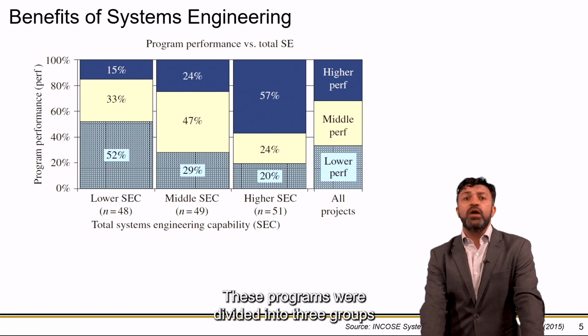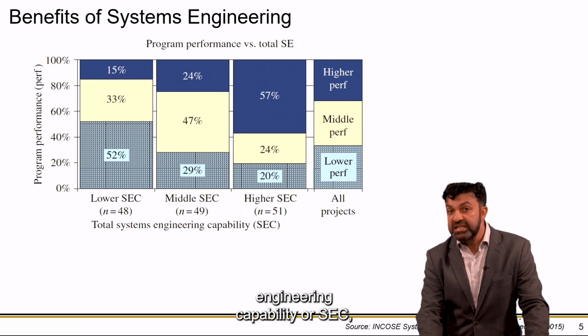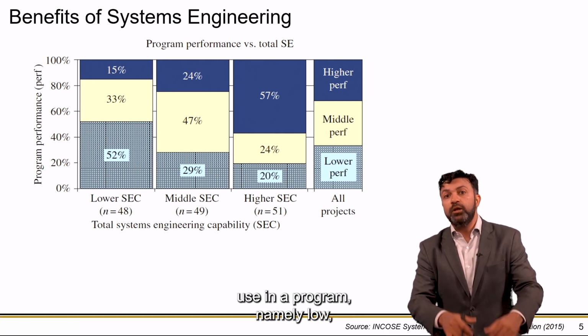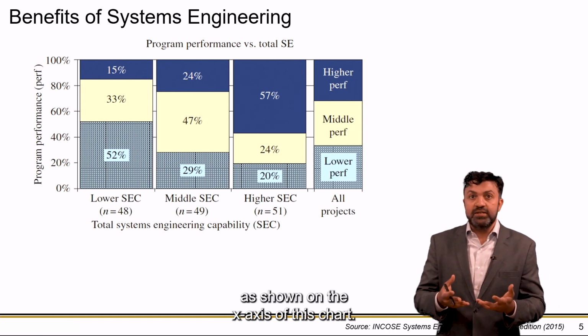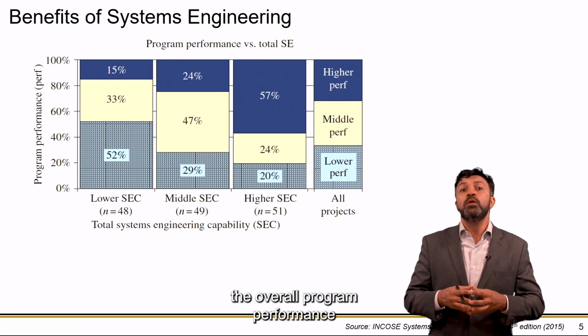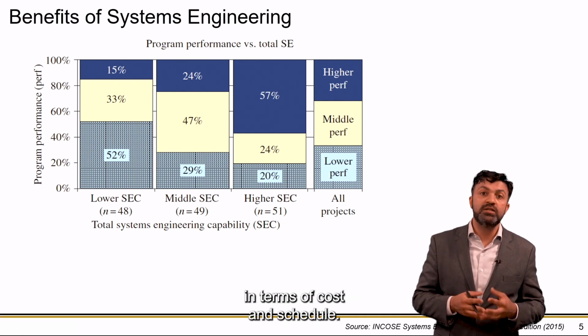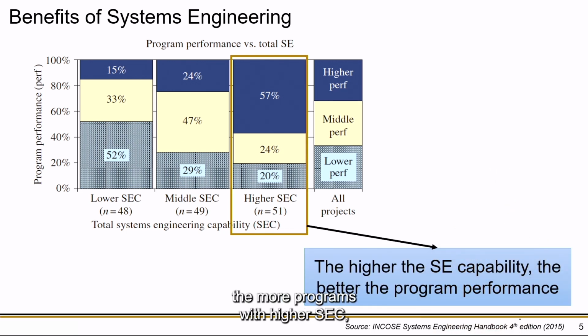These programs were divided into three groups based on the systems engineering capability, or SEC, used in a program, namely low, medium, and high SECs, as shown on the x-axis of this chart. And then this SEC was compared to the overall program performance in terms of cost and schedule. What the results indicate is that programs with higher systems engineering capability performed higher on the performance metrics when compared to the others. So the higher the SE capability, the better the program performance.